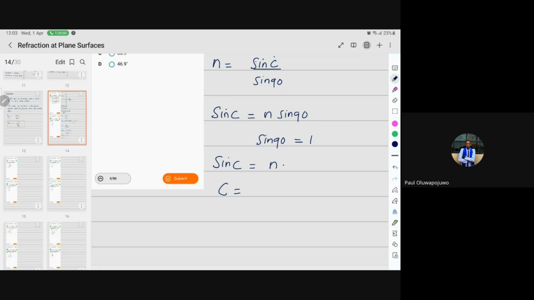Sine 90 is 1, so I have times 1 right here. C will now be equal to sine inverse of N, isn't it?